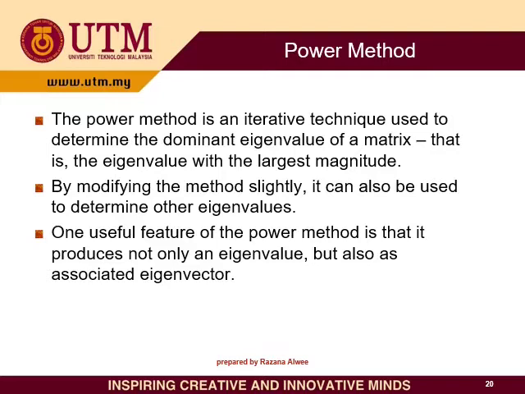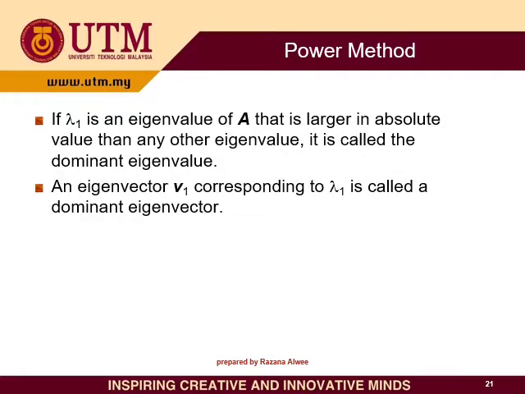One useful feature of the power method is that it produces not only the eigenvalue, but you can also find the associated eigenvector using the power method. If you have 2 by 2, you will have 2 lambdas, lambda 1, lambda 2.